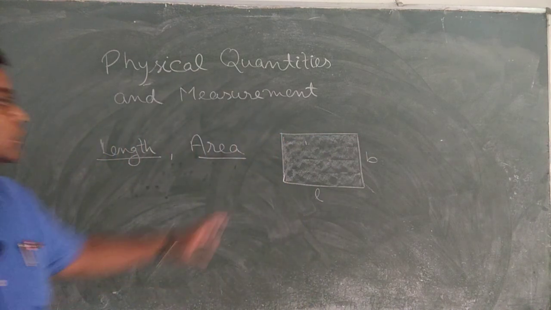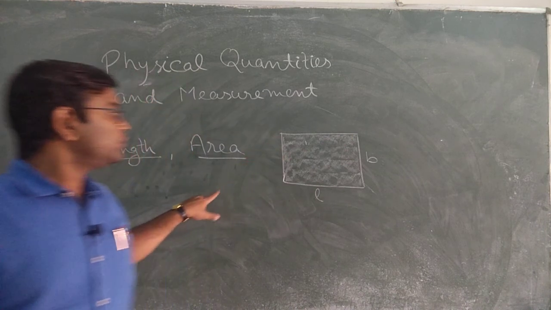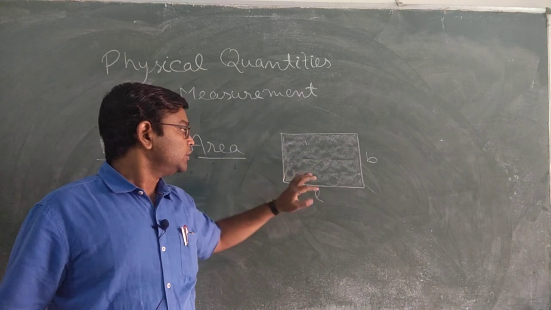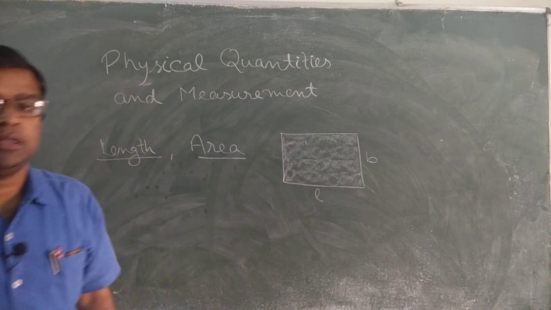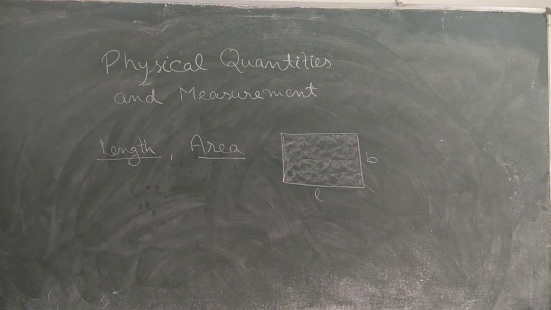This portion occupied by this boundary, with sides L and B. So this is the physical quantity known as your area. Hope this one is clear to you. Now the definition says the amount of surface occupied by an object or a place is called its area.